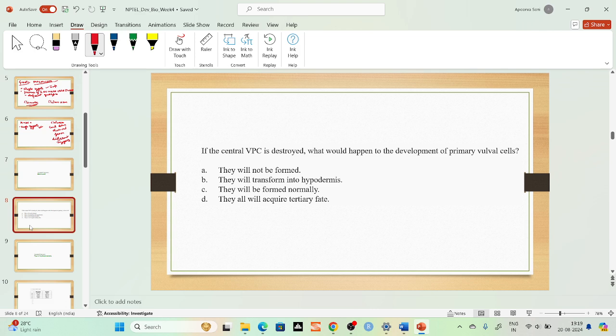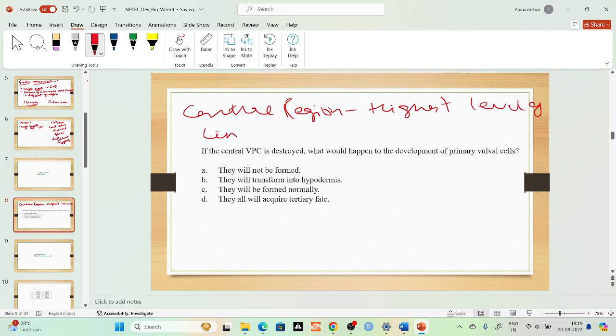This is the basic background information needed to understand the question. So now the central VPC receives the highest level of lin 3 signal. Okay. So the central region receives the highest level of lin 3 signal and it becomes the primary vulval cell.